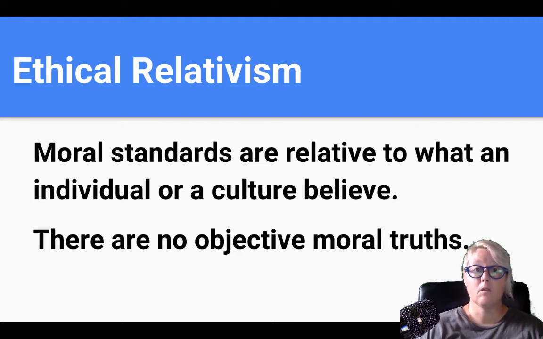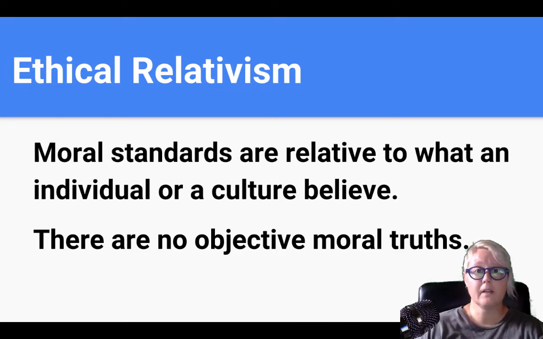A lot of people tend to think that ethical relativism is a good idea because it means that we don't judge what other cultures do. And it promotes a kind of tolerance. But ethical relativism doesn't actually promote tolerance. It promotes ethical relativism.